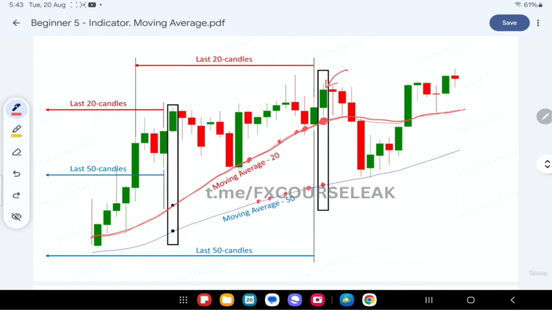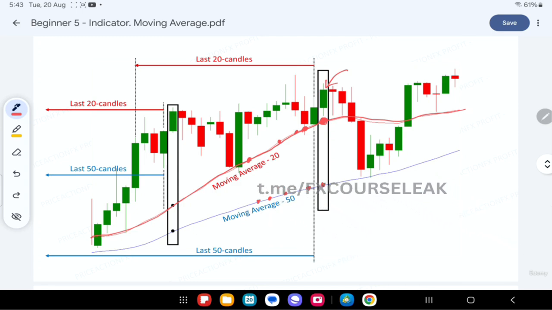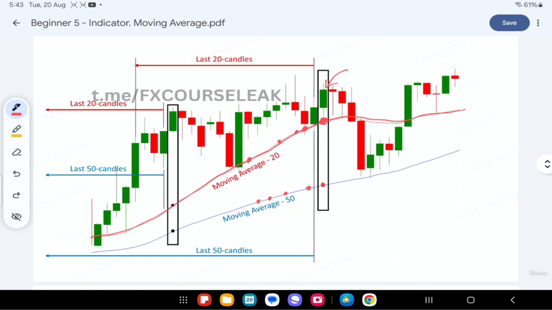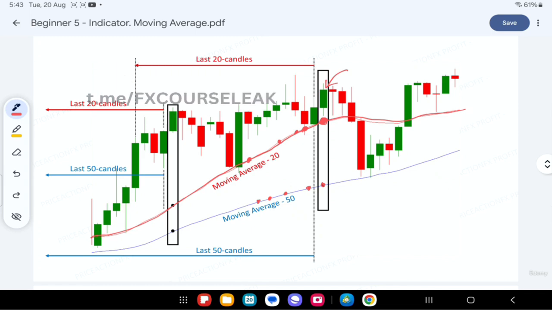When you join up all these average prices, it forms a blue line in your chart. So what is the purpose of having a moving average 20 and 50 in this chart? Let's move on.